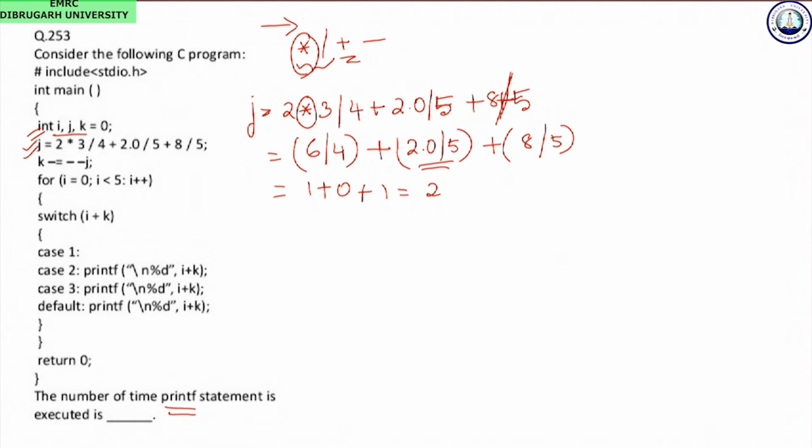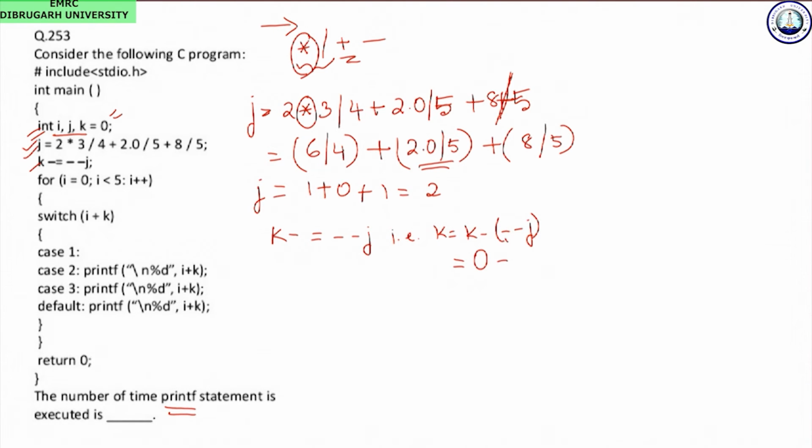Next, k is equal to k minus j. Your k is being initialized to 0, so here 0 minus j is minus j.